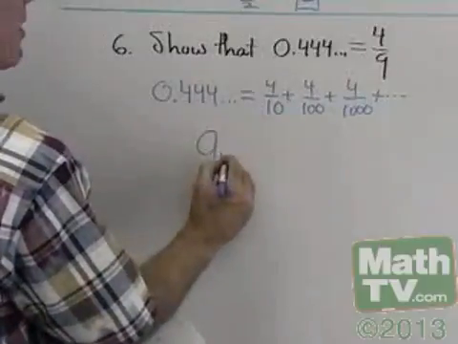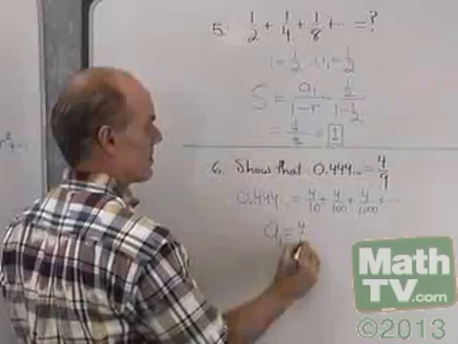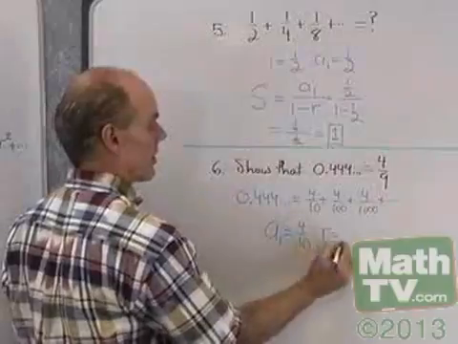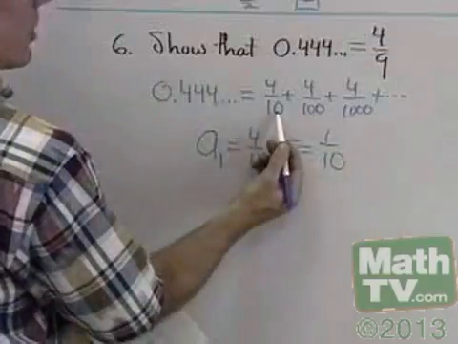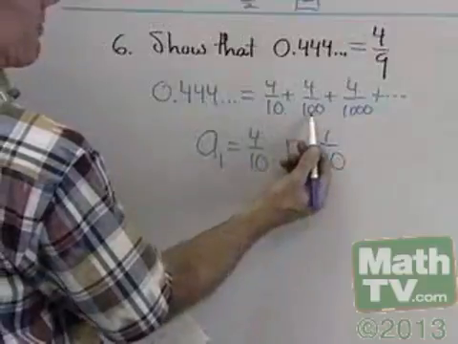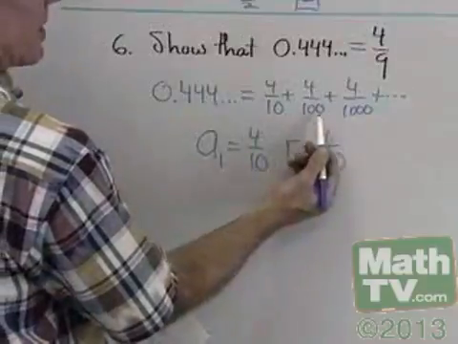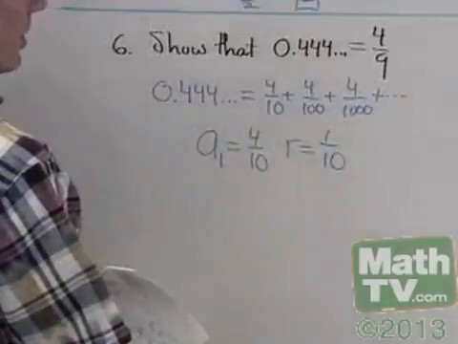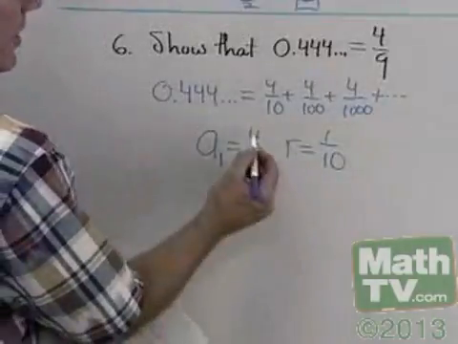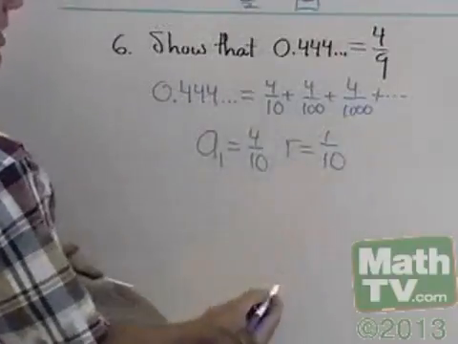I end up with A1 equal to 4/10 and R, the common ratio, equal to 1/10. I multiply 1/10 times 4/10, I get 4/100. Times 1/10 again, I get 4 over 1,000. It moves me over 1 decimal point each time. So A sub 1 is 4/10, R is 1/10.